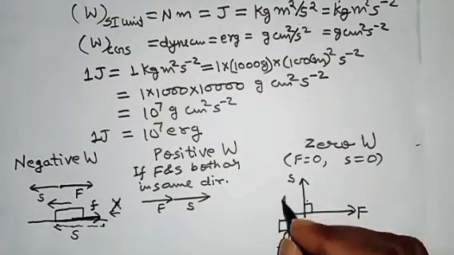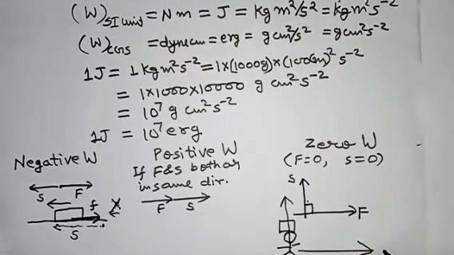So you are applying force in upward direction and getting displaced along this direction. So in daily practice, people will say you are doing work, but in the context of physics, you are doing no work because your applied force is not along the direction of displacement.